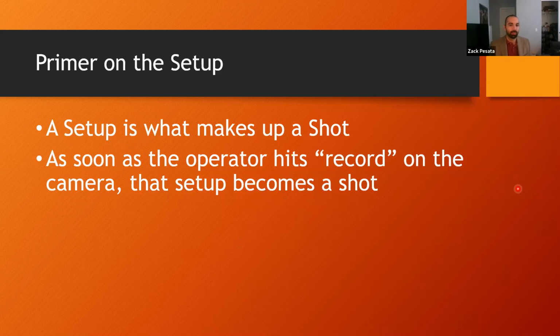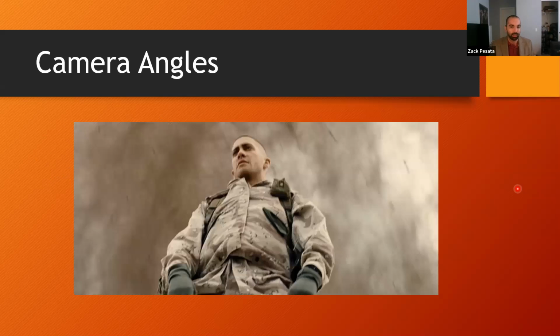A setup is what makes up a shot. As soon as the operator hits record on the camera, that setup becomes a shot. So, camera angles. This section I think is pretty self-explanatory, so I'm not going to spend a ton of time on it. But it's important to understand how to label a shot as a setup.